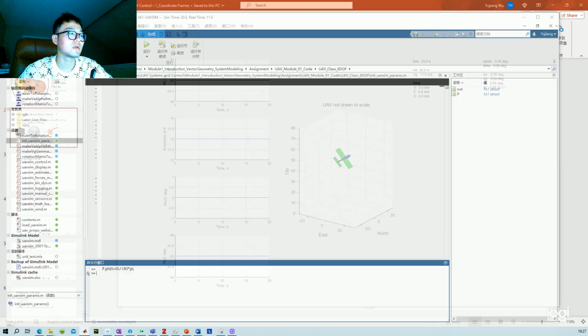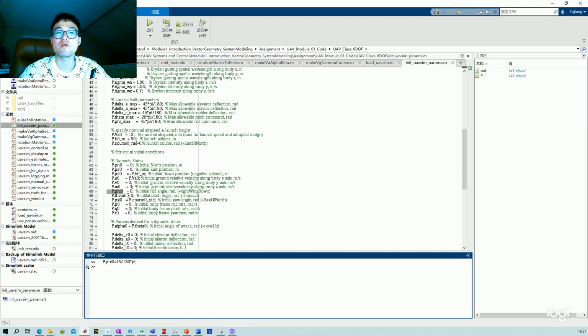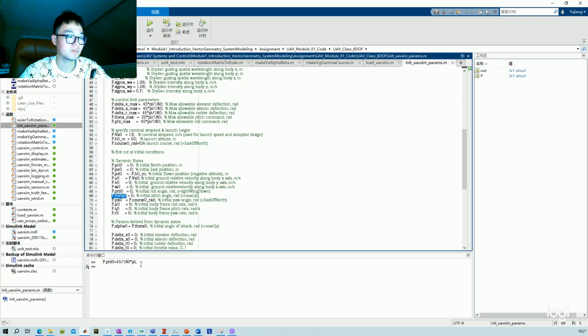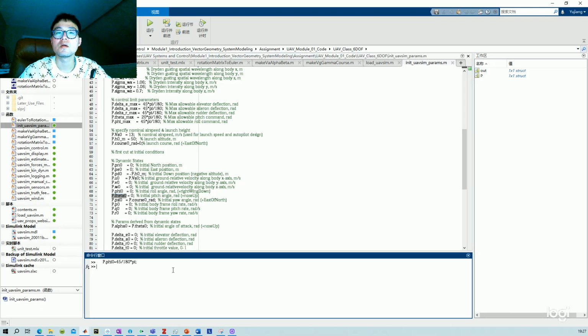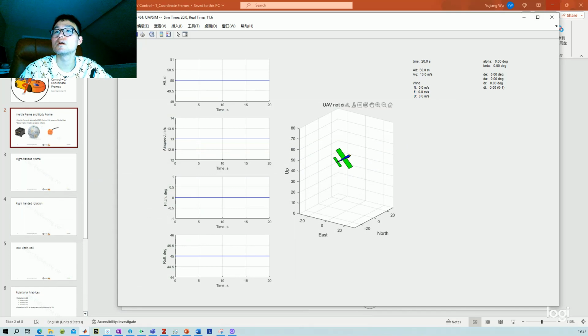Then let's play with the so-called pitch angle, where let's do 30 degrees. Then we rerun the simulation. We can see that the pitch is 30 degrees and the flight is now pointing up.